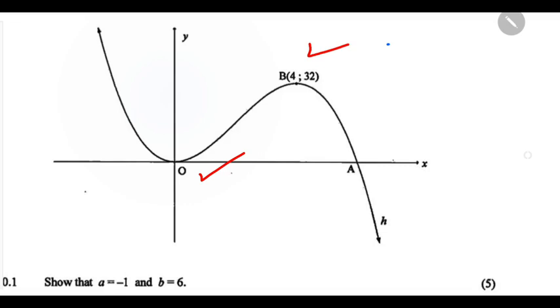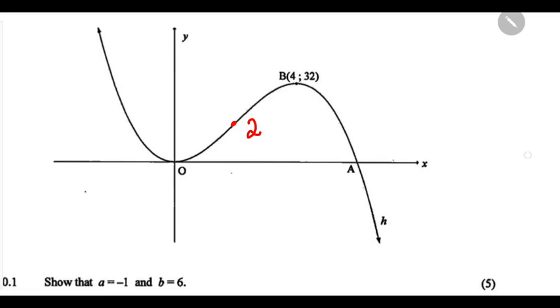So x is equal to 0 plus 4 divided by 2. The answer is 2. So the point of inflection is 2, so 2 is going to be somewhere here. So this is my point of inflection.